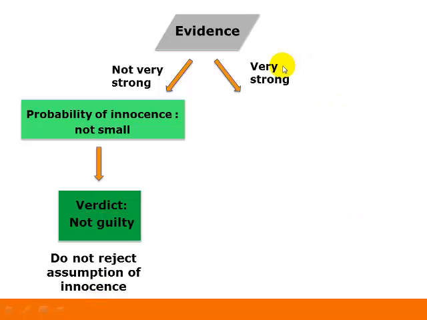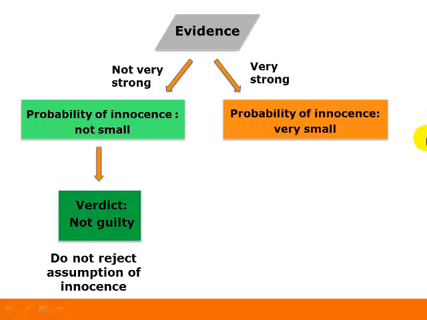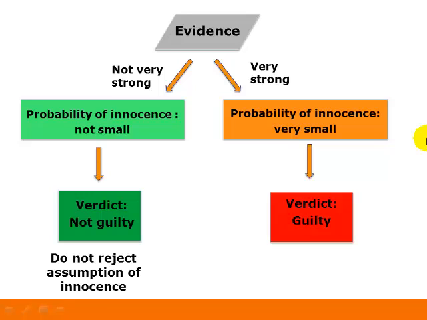On the other hand, if our evidence is very strong, that means the probability of innocence is very small. This would lead us to a verdict of guilty. And another way of thinking of a guilty verdict is that we're rejecting the assumption of innocence.